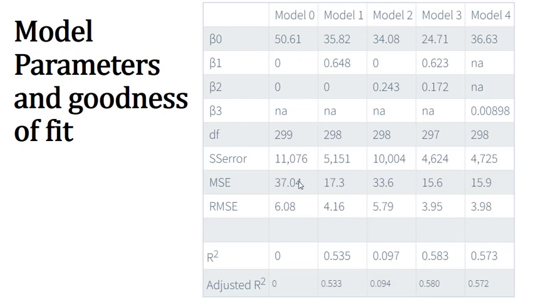Okay, so that is model 0, but remember, model 0 is the model that the other models have to be better than. Now the R square is basically how much of the variability of the variable academic achievement is accounted for by the model.